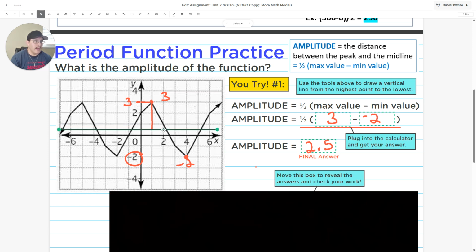So about right here. And change the color, in order for the distance to be 2.5 up and then 2.5 below. And there we go. That's it for your try number 1.